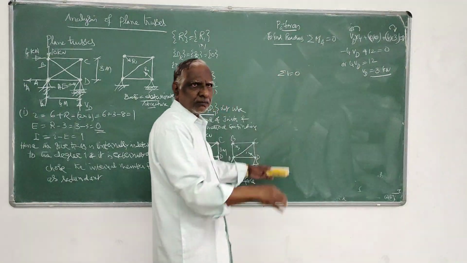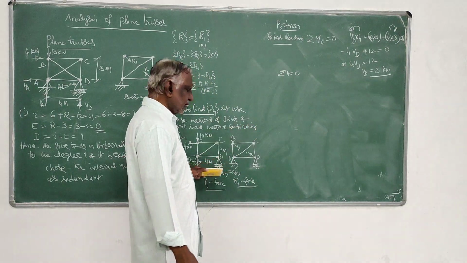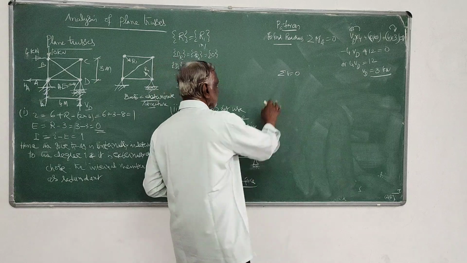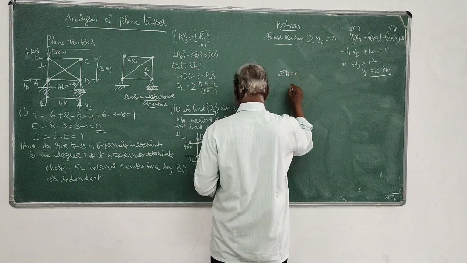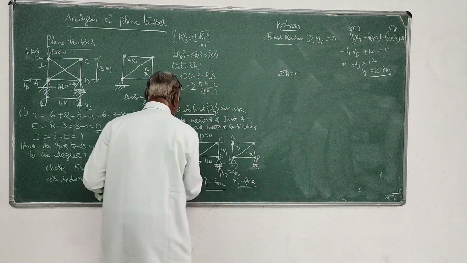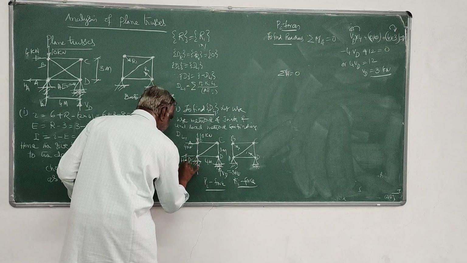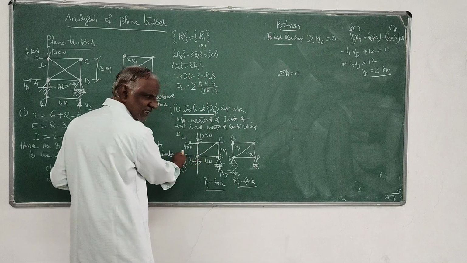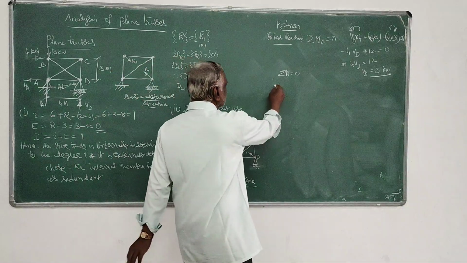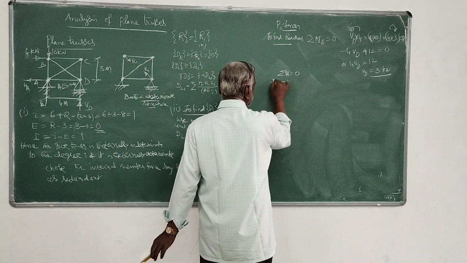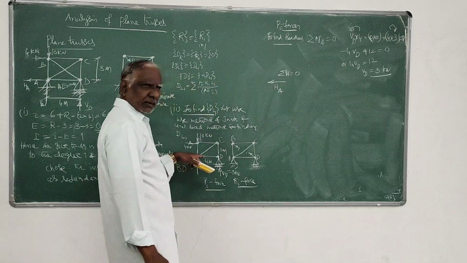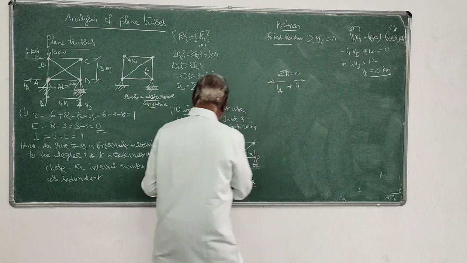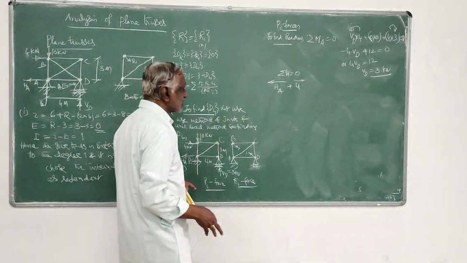3 equations we have to apply for finding the reactions: sigma V equals 0, sigma H equals 0, and moment. So sigma H equals 0 I will apply. In that case, this HA I take straight away in this direction, as usually tension is positive, moving away from the joint, plus this 4 kilonewtons, which is moving towards this side.